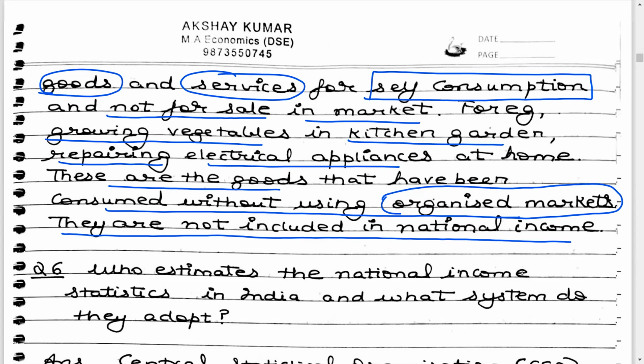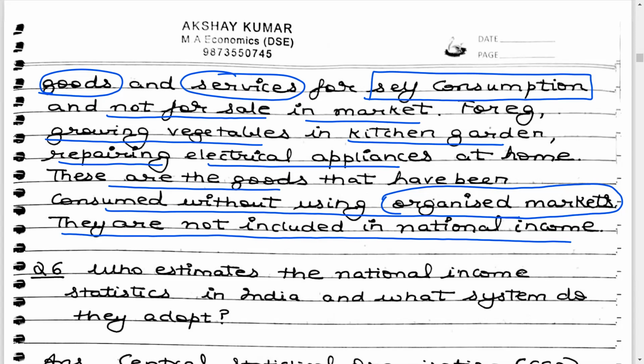And the last point is, since there are no organized markets for non-market activities, we do not include them in national income, although we should include them. Because ideally, guys, these are goods and services produced. So you should add them in national income, but since there is a lack of organized markets, we do not add them in national income.